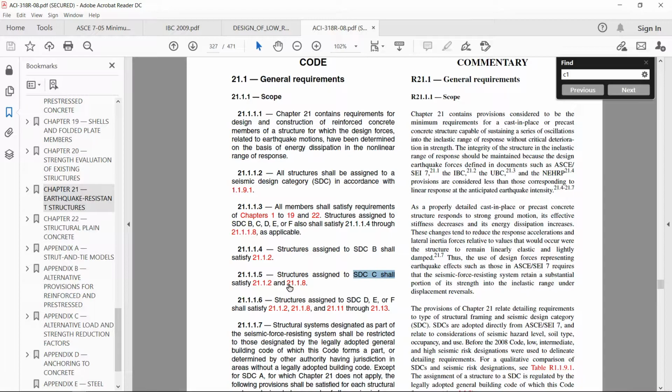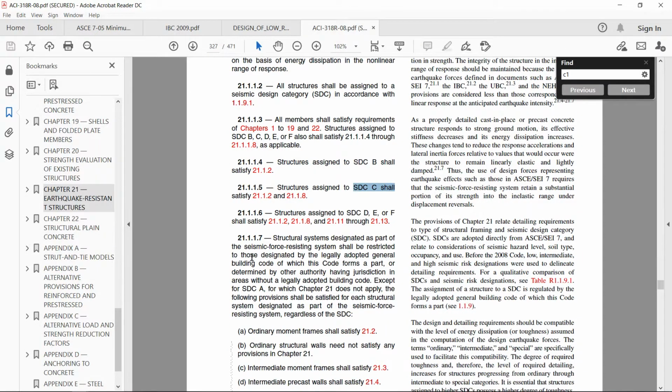That means 21.1.8 should also be followed if it is SDC C. And if it is SDC D, E or F, then not only 21.1.2 and 21.1.8, rather the additional paragraphs like 21.1.1.1 through 21.1.1.3 should also be followed. Now the question one can ask is what are the requirements in paragraph 21.1.2 or 21.1.8 and the others. So let's see 21.1.2.